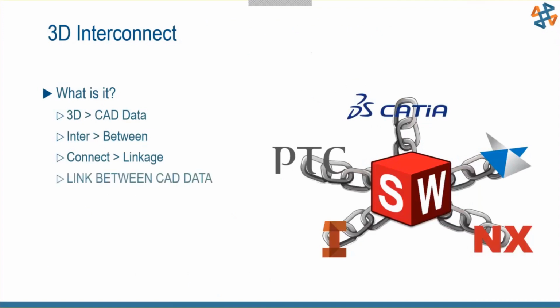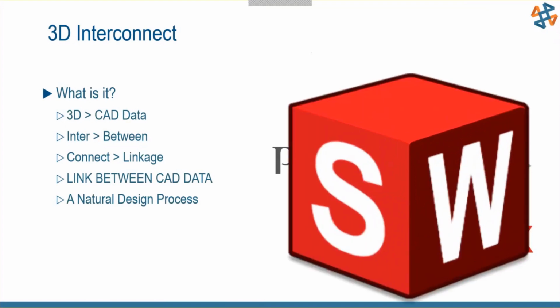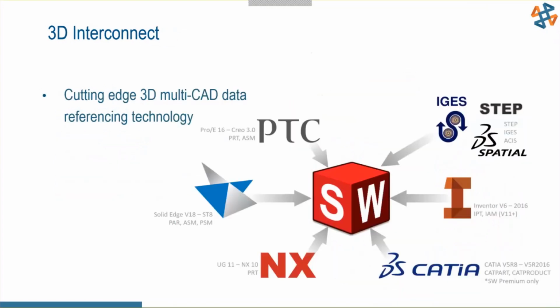So it's a link between CAD data. But really, it's a more seamless design process that focuses on SOLIDWORKS instead of what the other system is. So at its core, it's a referencing system for other CAD data that has a couple of different workflows that we're going to discuss in a little bit.